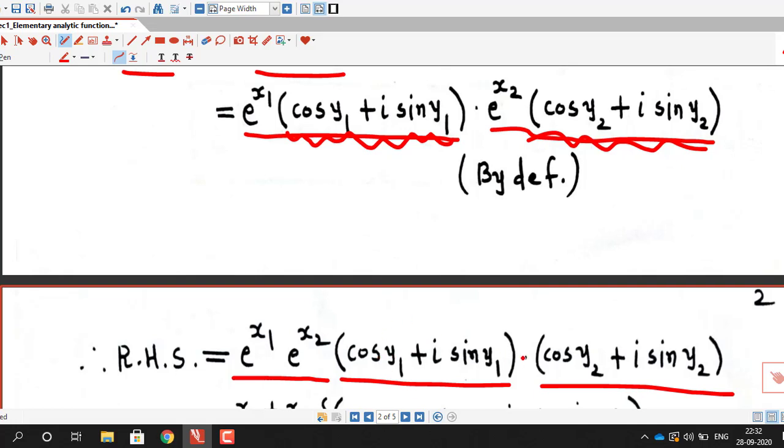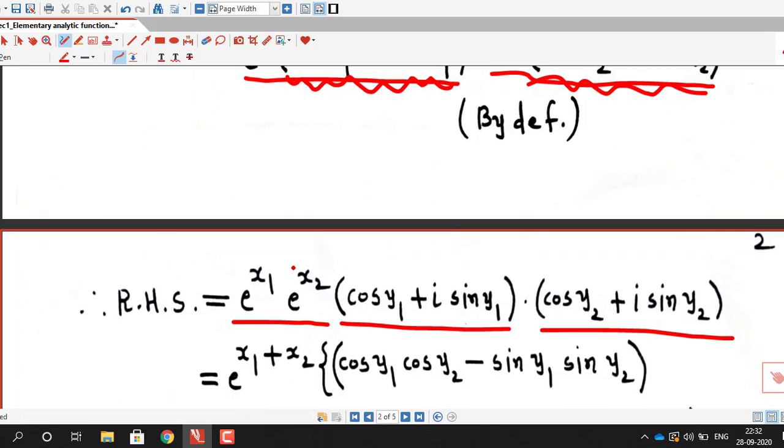We know how to multiply two complex numbers: real part into real part minus imaginary part into imaginary part, plus i times real part of first into imaginary part of second, plus imaginary part of first into real part of second. And because x1 and x2 are real numbers, e raised to x1 and e raised to x2 are real exponential functions. So using the property of the real exponential function, this we can rewrite as e to the power x1 plus x2.